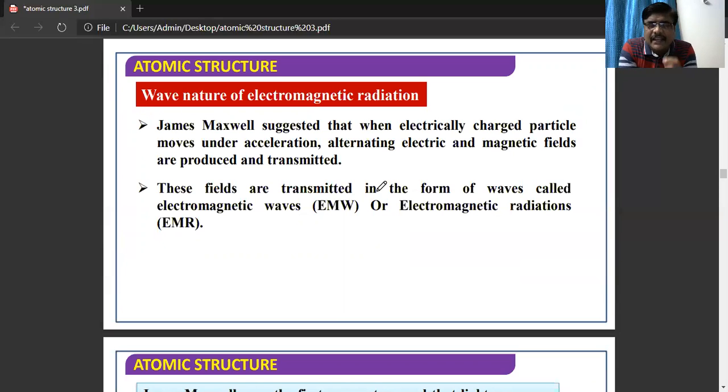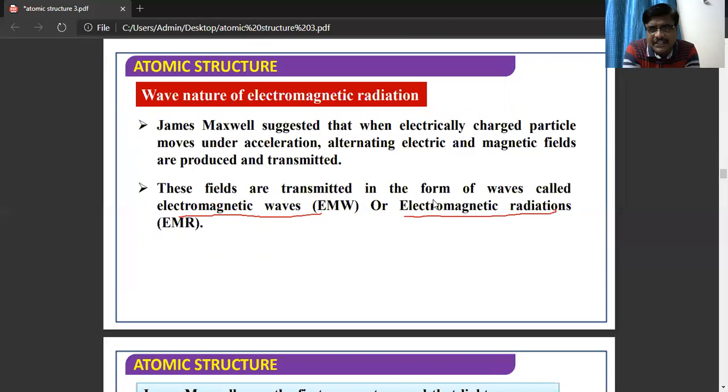When an electrically charged particle, whether it is an electron or something else, moves under acceleration, both electric fields as well as magnetic fields are produced alternately. These fields are transmitted in the form of waves known as electromagnetic waves or electromagnetic radiation.